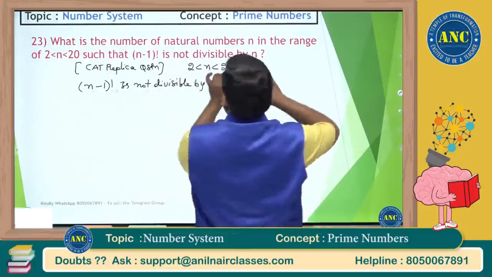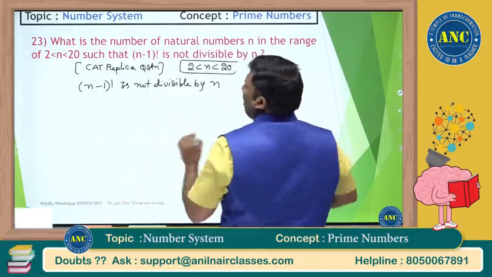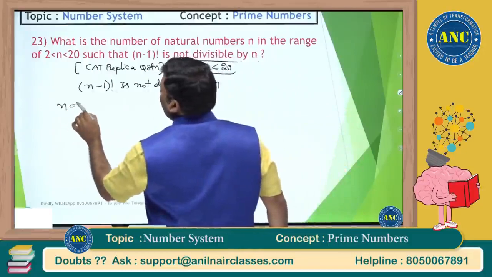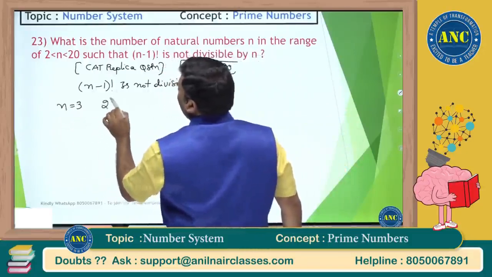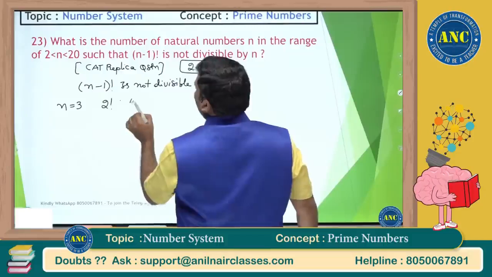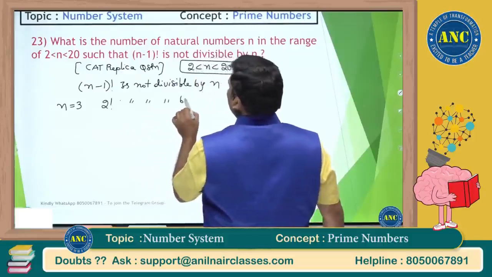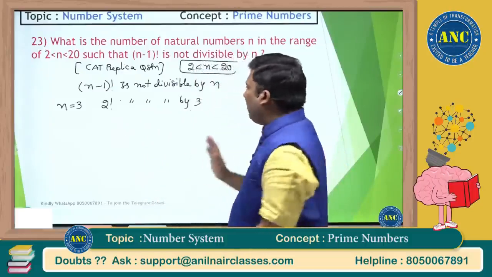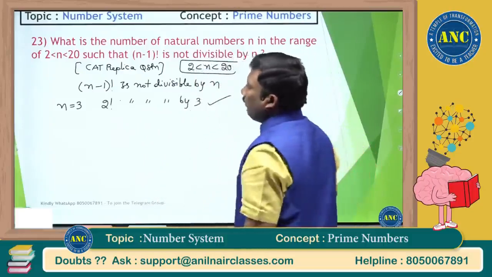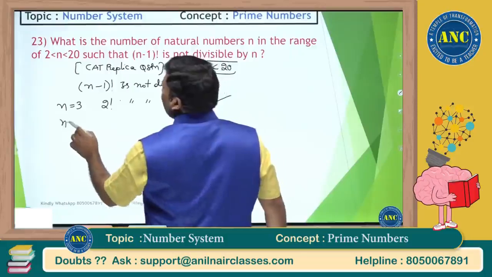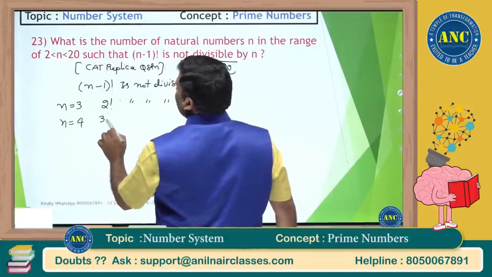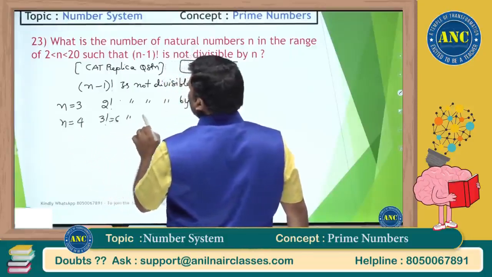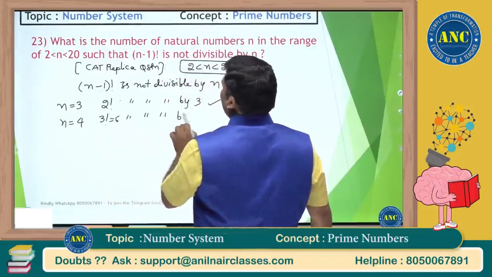Let me take 2 less than n less than 20 and see if there is a pattern. N is 3. 3 minus 1, 2 factorial is 2, which is not divisible by 3. It is possible. N is 4. 3 factorial is 6, which is not divisible by 4.